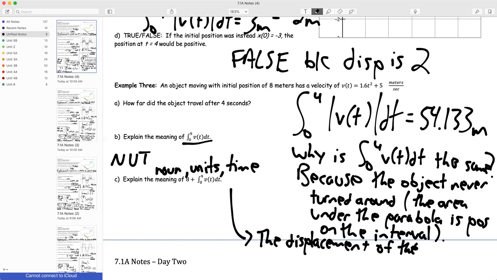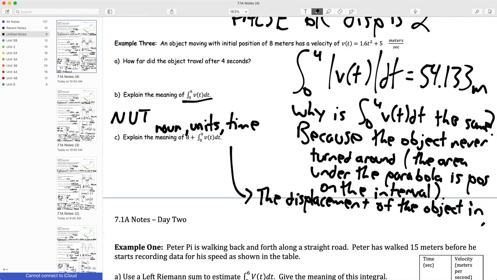The displacement of the object in meters from, okay, initial value to final value. Sorry, I said that wrong. Initial time to final time.